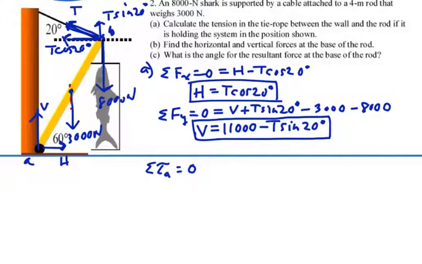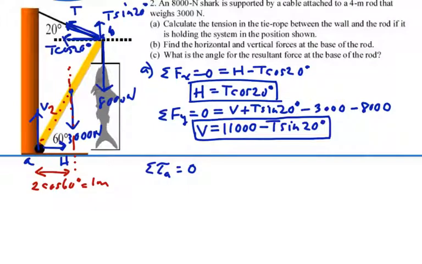We have the torque due to this 3,000 Newton force with a moment arm of this. If the beam is 4 meters, then this hypotenuse is 2 meters. So the distance to the line of action of that force is going to be 2 times the cosine of 60, which would be 1 meter.